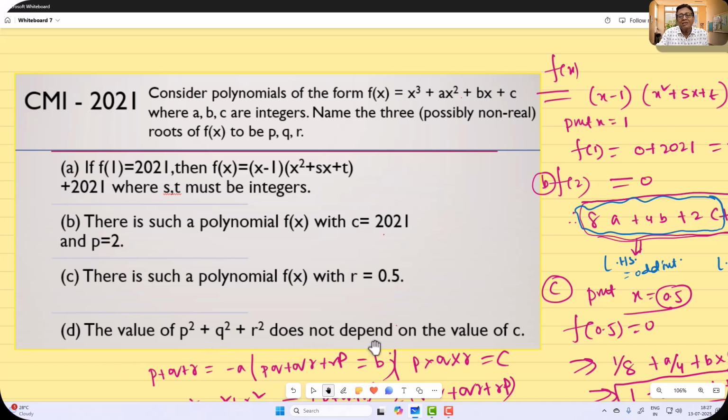The value of this does not depend on the value of c. I have chosen this sum. I had nothing to do without completing the sum. I could not leave the sum, the fourth part also.